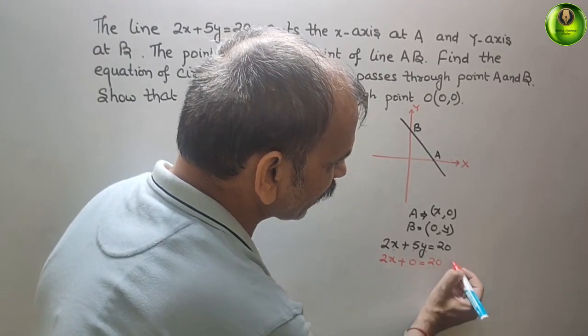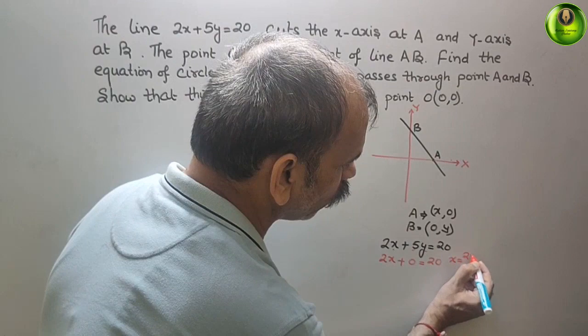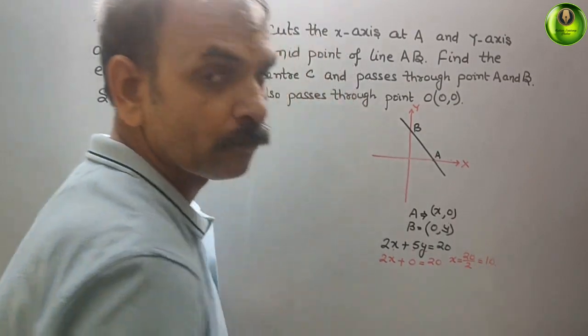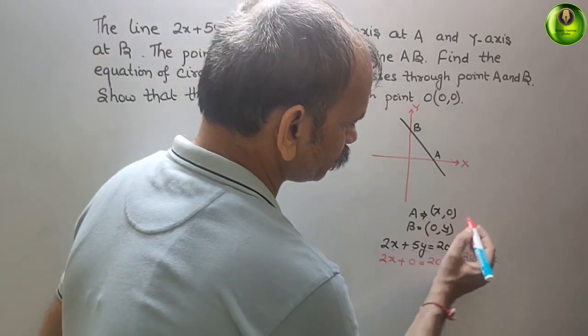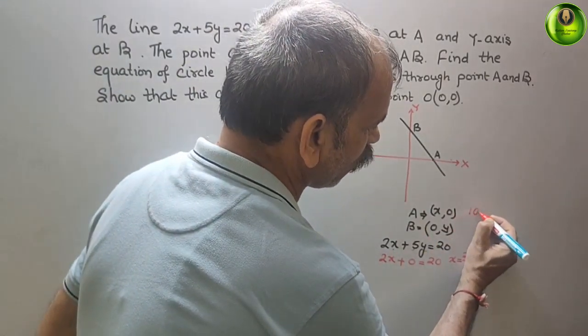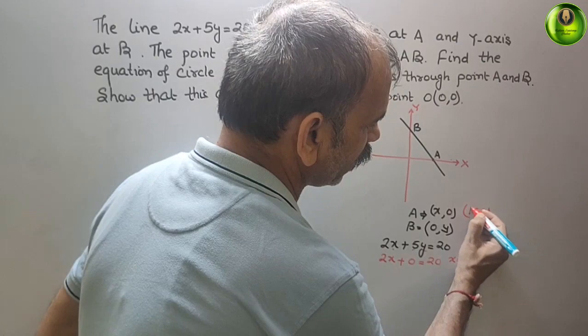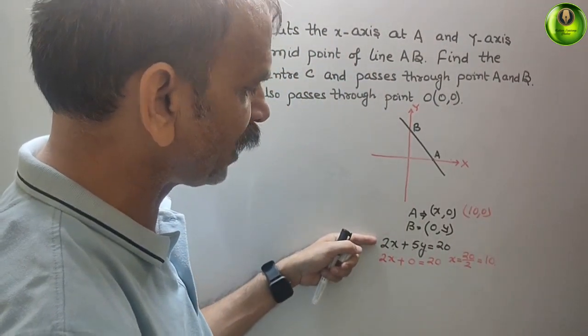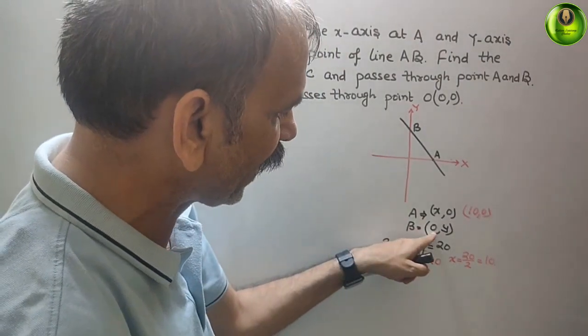So x is equal to 20 by 2, that is equal to 10. So we get (10, 0) as the coordinate of A. Now substitute in the same equation, where x is 0.